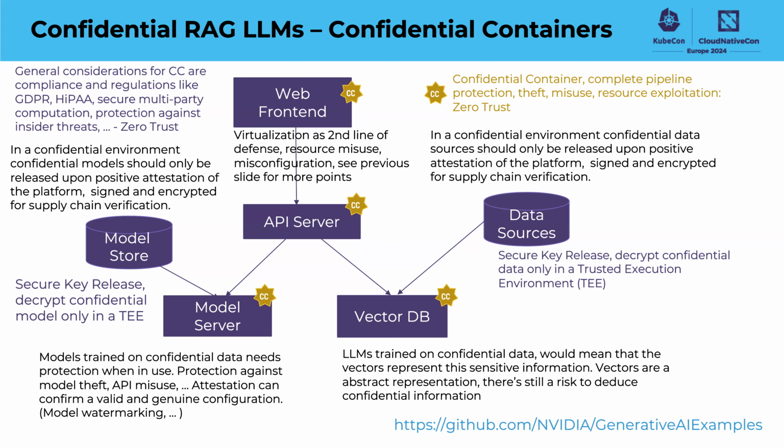So essentially, with a confidential containers environment, you can mitigate a lot of threat vectors here, and it really is to enable zero trust in your architecture, because every component could be a malicious attacker.